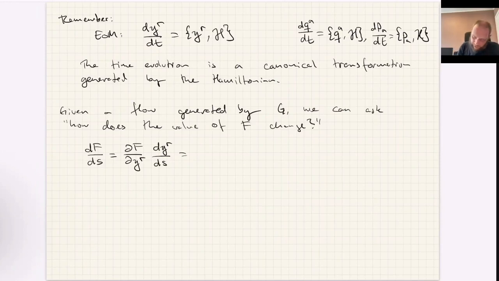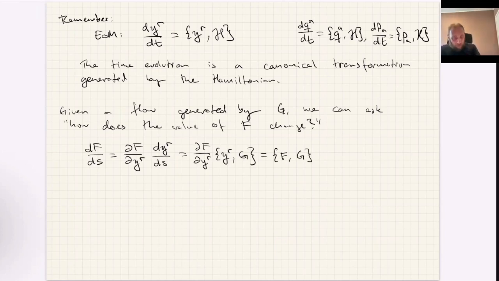But this we can write as df/dy_r, and then the Poisson bracket of y_r with g, since we're talking about the flow generated by g. But now we can again use the chain rule for derivatives in reverse. We can write this as the Poisson bracket of f and g.